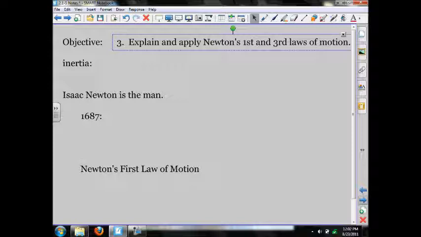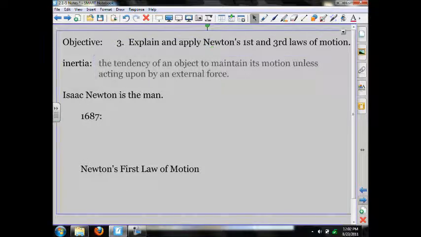What's inertia? It does have to do with mass. Yeah, it's an object's resistance to move. Obviously, then that's one. Right? It's the tendency of an object to maintain its motion, unless an external force acts on it.